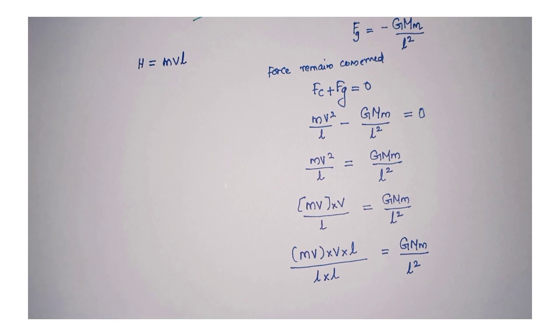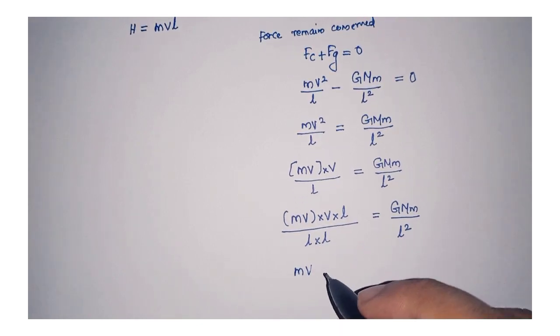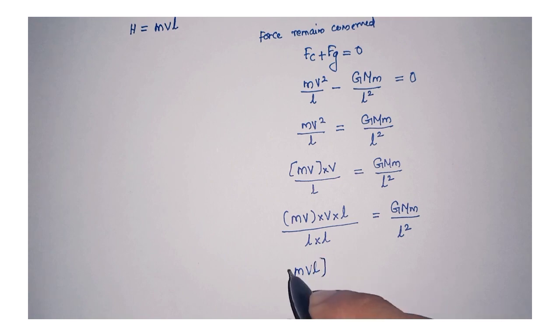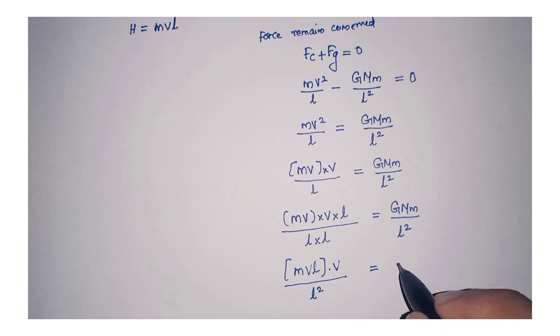Okay, we are not doing anything on the right hand side. Now we can regroup this term, so we can write MVL, into velocity term, divided by the L square term, which is equal to, here I can make one adjustment.